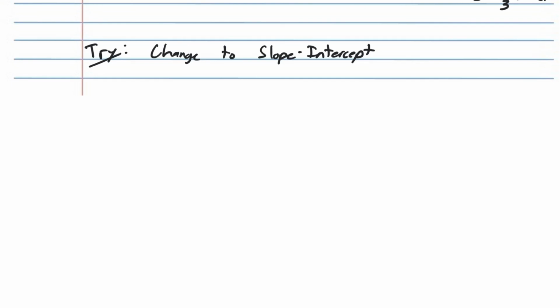All right, and then give you 2x minus 3y equals negative 6. Okay, now this one I do want you to try on your own. So make sure you guys pause the video, try it out. Don't be afraid to make mistakes, and then press play when you want to check your answer.